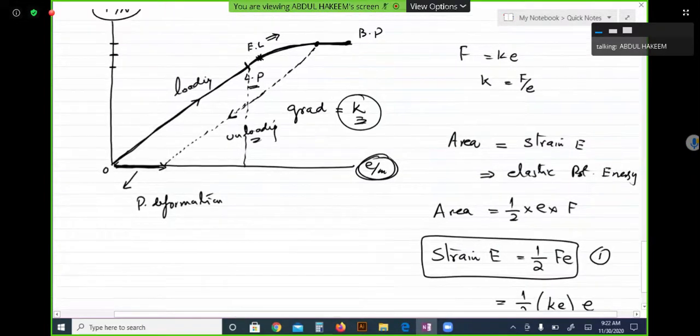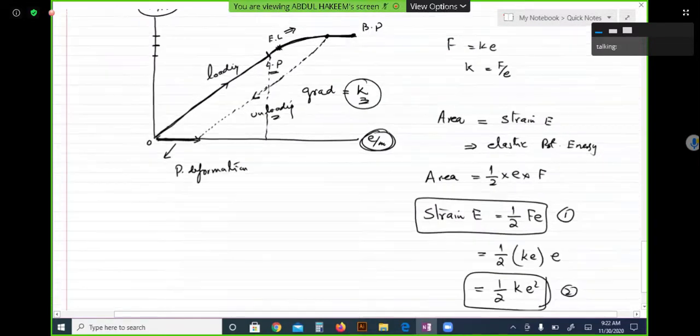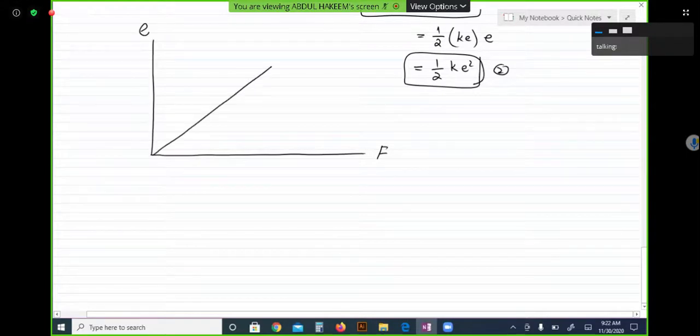Now, if the graph is plotted between extension and the force like this, force at the x-axis, extension at the y-axis for the metal, again it is a straight line passing through the origin, but now the bend will be upward towards the extension.